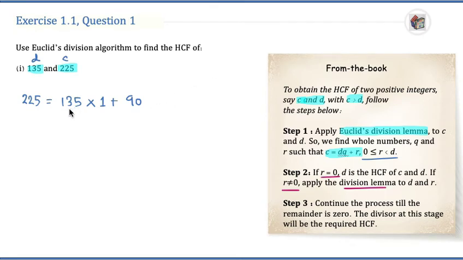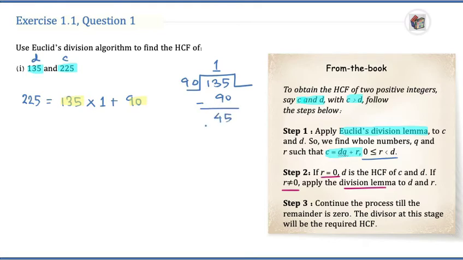Alright, now between 135 and 90, which you should be able to see from this equation also, this is what you have, this is the divisor's place, this is the remainder's place. You again divide the bigger number by the smaller. So you will divide 135 by 90. Yet again, this will be one time only, 90 twos are 180, so that will be a little too big.